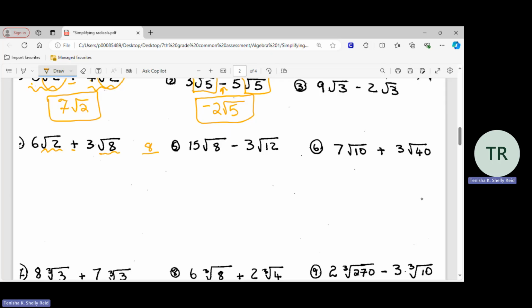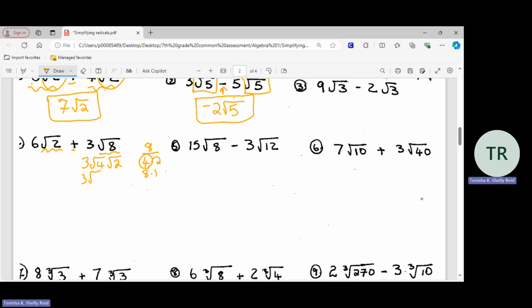Factors of 8 are 4 and 2, 8 and 1, and lo and behold, this is a perfect square. So the square root of 8 can indeed be simplified. I'm going to simplify it. It breaks into the square root of 4 and the square root of 2. Well, the square root of 4 we know by now is 2.